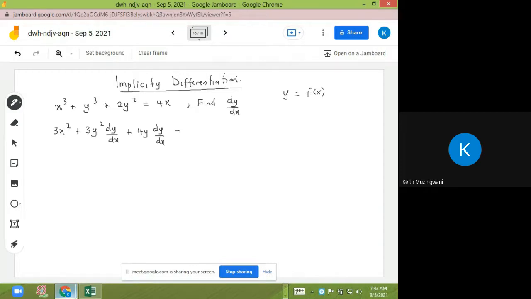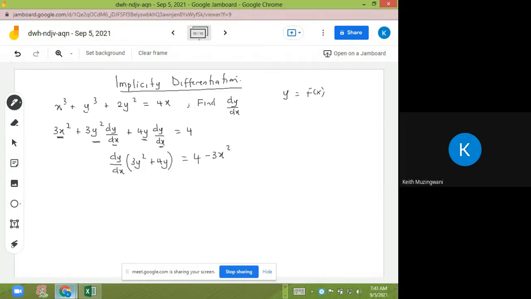And then differentiate 4x, you get 4. The question is asking you to find dy/dx. So put the dy/dx together, factorize what is common. You have dy/dx. From here, you remain with 3y squared plus 4y is equal to 4 minus 3x squared.